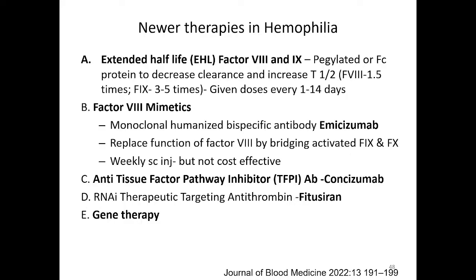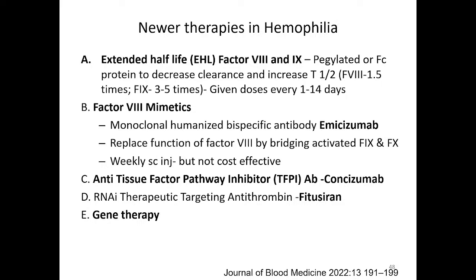The most important agent which is commonly used now, available in India and sometimes free also, is Emicizumab. It is a monoclonal humanized bispecific antibody. It replaces the function of factor 8 by bridging activated factor 9 and factor 10.